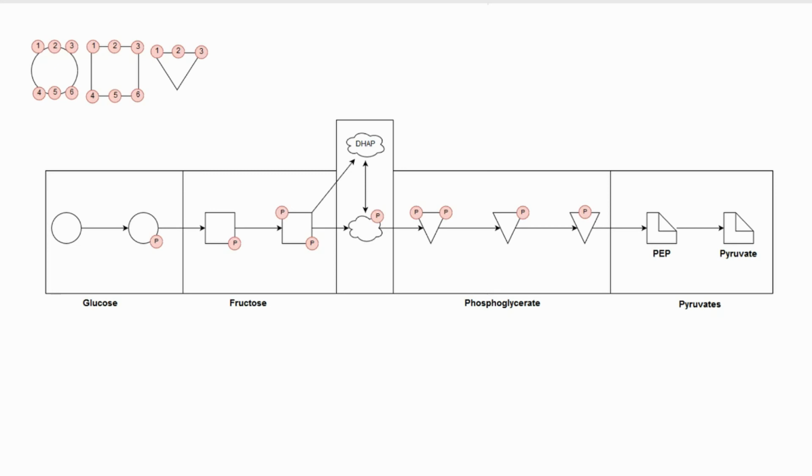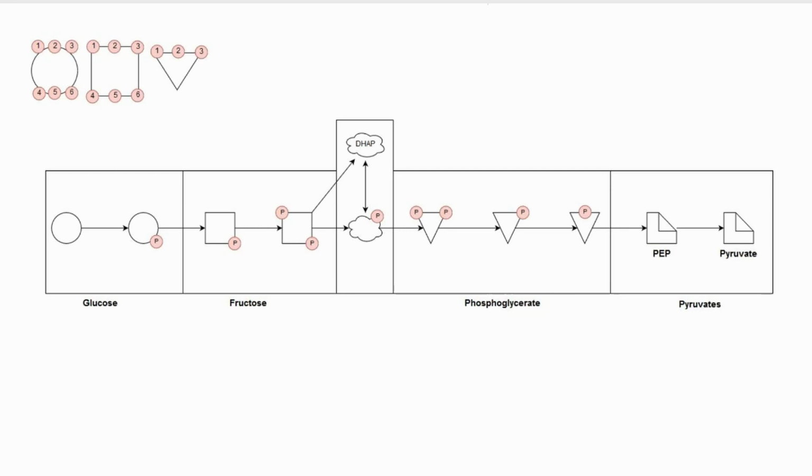So if you look up in the top left, I've got what's essentially this little key for you. Specifically, the numbers represent where the phosphate groups are in each of the metabolites in the pathway. Moving from top to bottom and left to right, you'll notice that it goes from 1, 2, 3, 4, 5, 6.